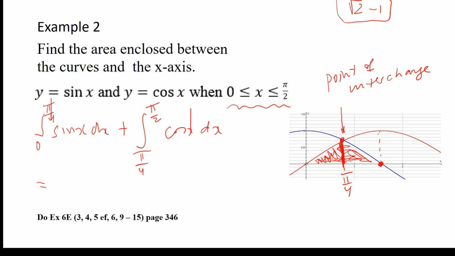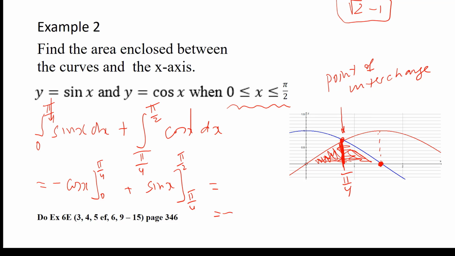So it's the integral of sine, which is negative cos x, between 0 and pi over 4, plus sine x between pi over 4 and pi over 2. And I haven't done this, unfortunately, so I have to do it now.